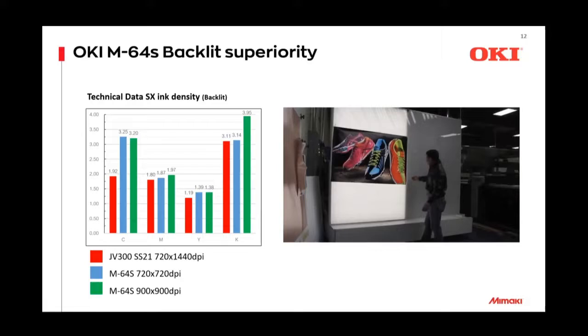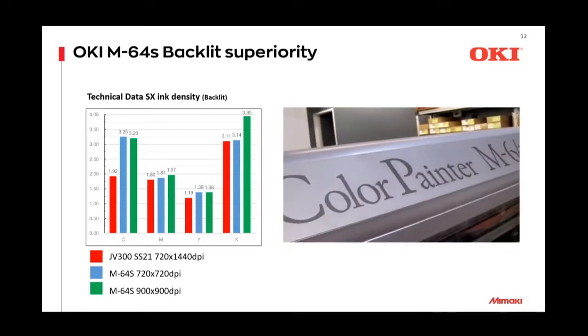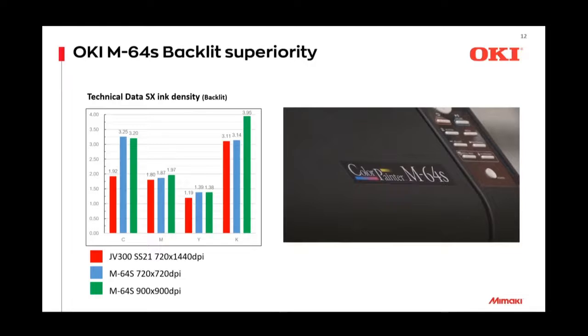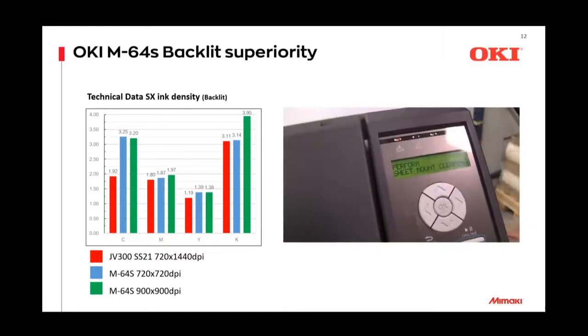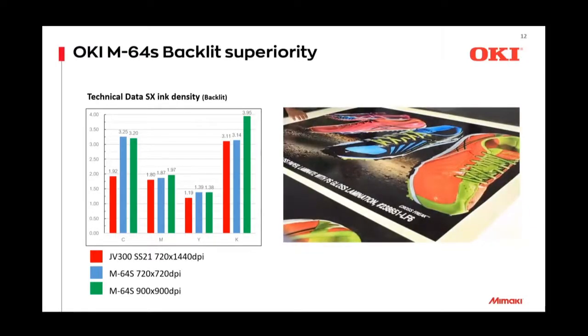This here is technical data regarding the density on a backlit material, and we tested JB300 SS21, M64s in two different DPI modes. You can see here we've compared the Mamaki at 720 by 14 DPI 18 pass, and then the M64s, we've done a mode at 720 by 720 12 pass, and then one at 900 by 900 15 pass. The higher the number, the better the overall density of the solution and the ink.